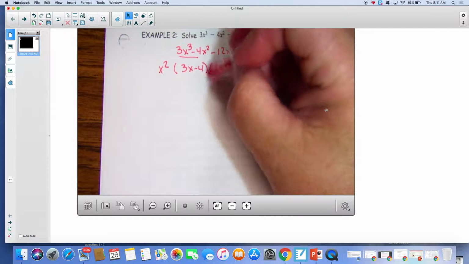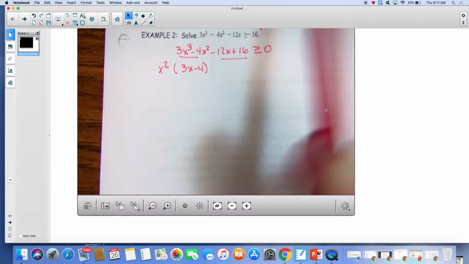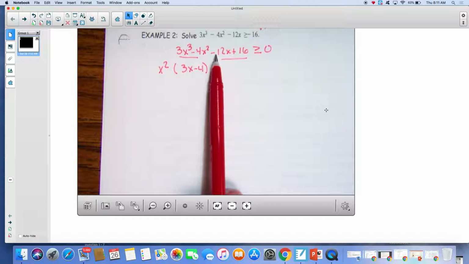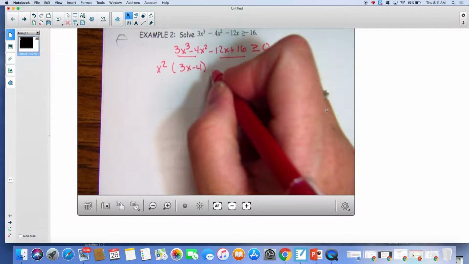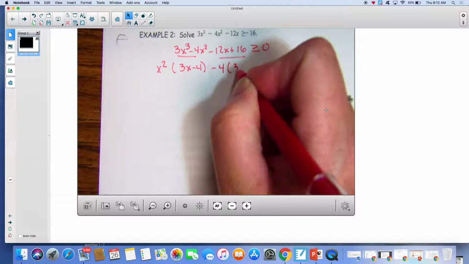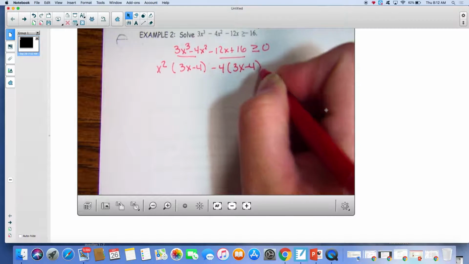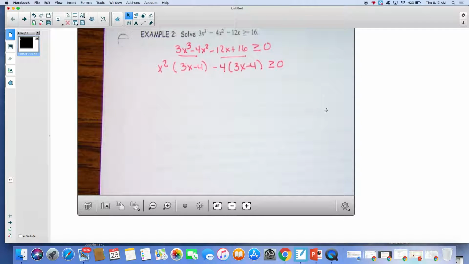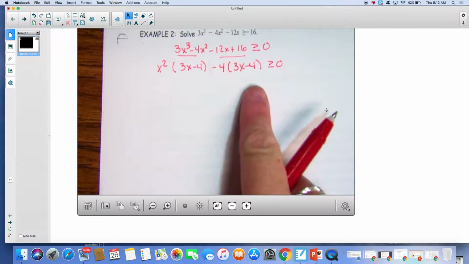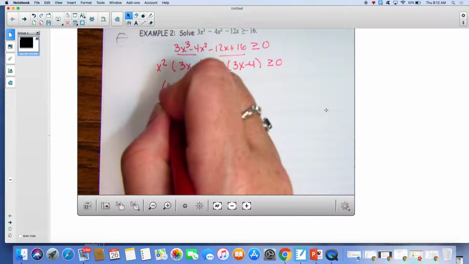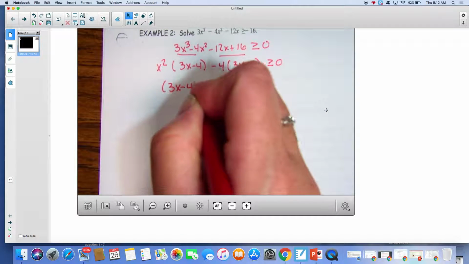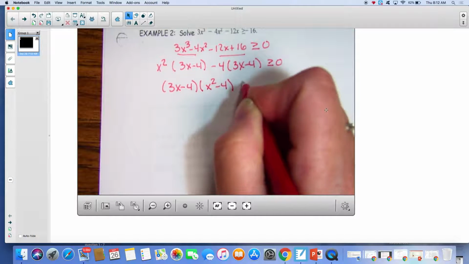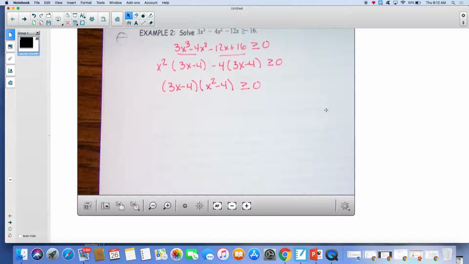What do 12x and 16 have in common? 4, I'm going to factor out a negative 4. And that's 3x minus 4. And now what do the two have in common? The 3x minus 4, which leaves x squared minus 4. And that has to be greater than or equal to 0.